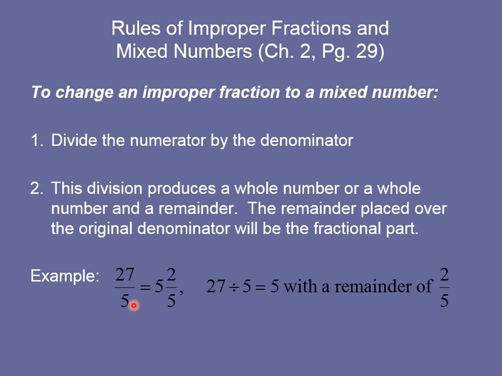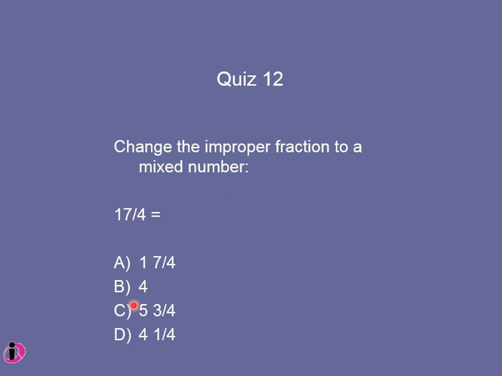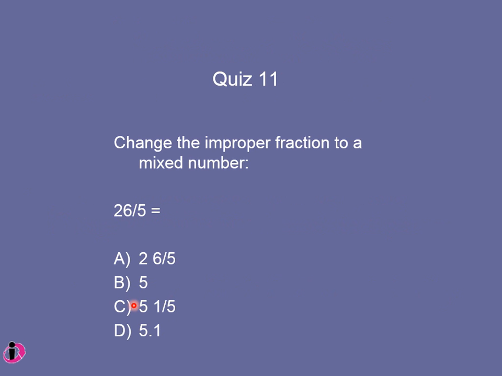So that means if you have an improper fraction, you can always convert it to a mixed number. Any question here? And similarly, if you have a mixed number, you can always convert it to an improper fraction, right? Let's look at a couple of examples.